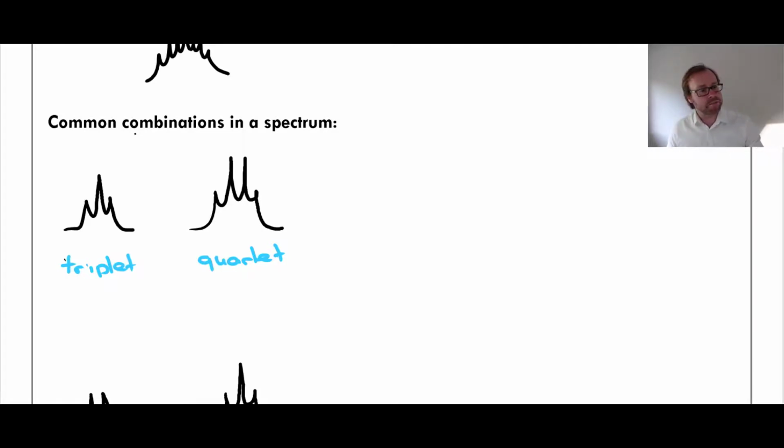E.g., so if I have something split into a triplet and a quartet, it probably means that I have a CH3 and on the next one I have a CH2 next to each other. 2 different environments, so I get 2 peaks and the splitting pattern will be distinctive in NMR.